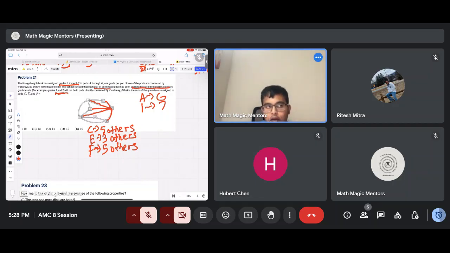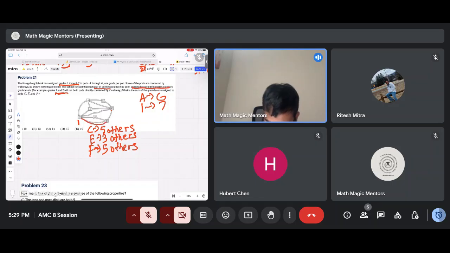Let's say you have grade 1 here. So F and C can be grades that differ by one? Because C doesn't have any, or wait, no, C does have a connection to F. So let's say C has 1. Let's look for pods where 2 could be a viable option.